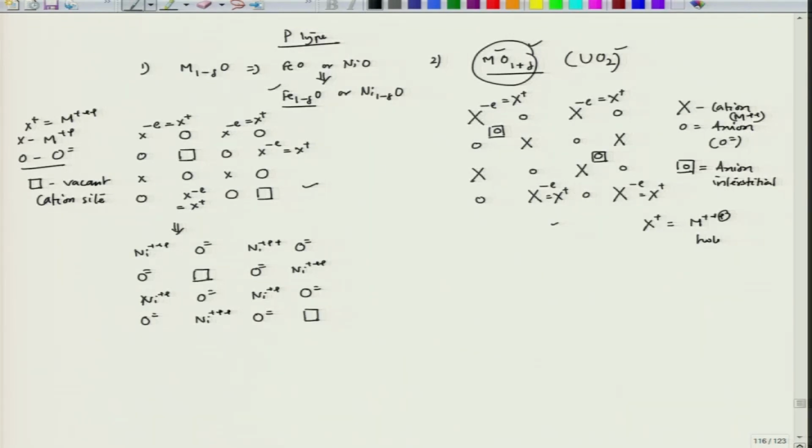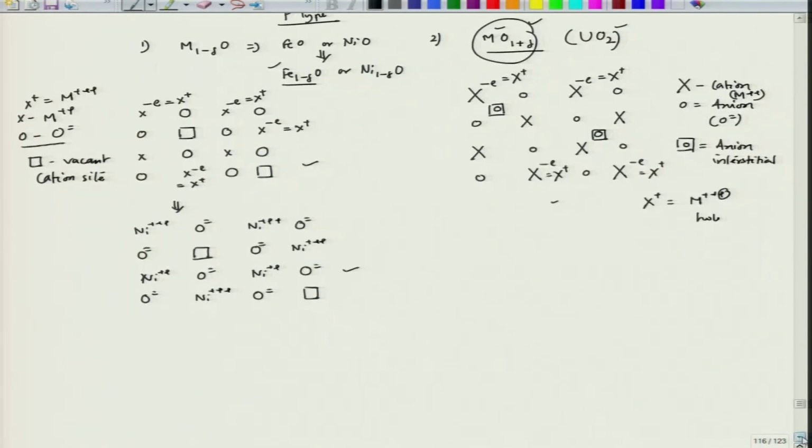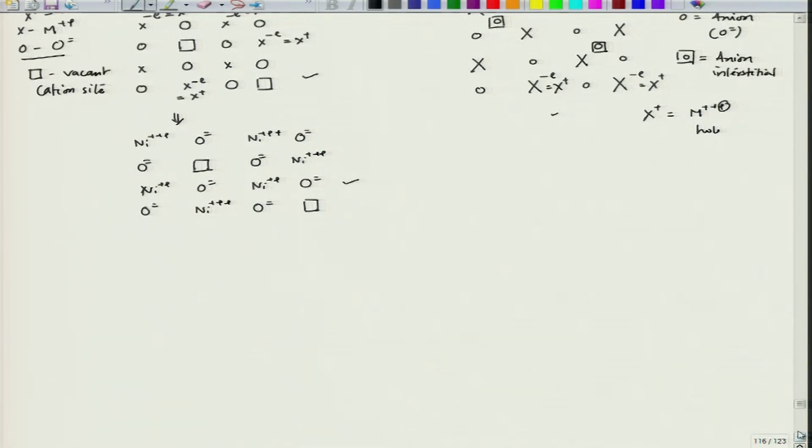Now, if I try to see the mechanism in this situation, just the way we have done for n type. Here it is MO with M1 minus delta O, this is a p type with cation vacancy.